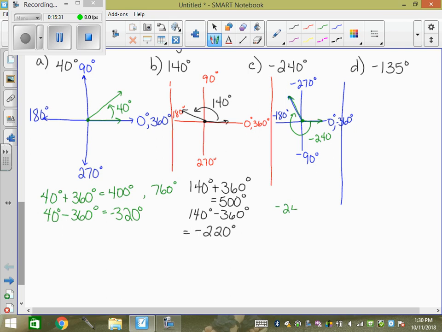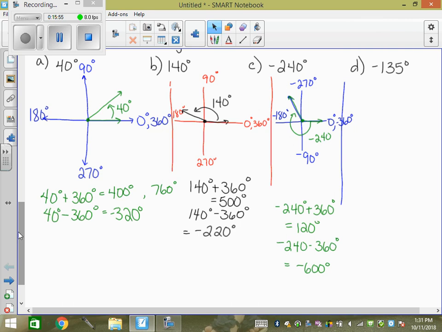If you go negative 240 and you add 360, you get 120. Or you can go negative 240 minus 360, and you get negative 600. Or you could keep going and subtract another 360, and you get negative 960. Right? Coterminals could go on for life.